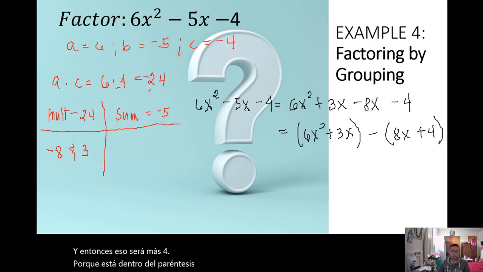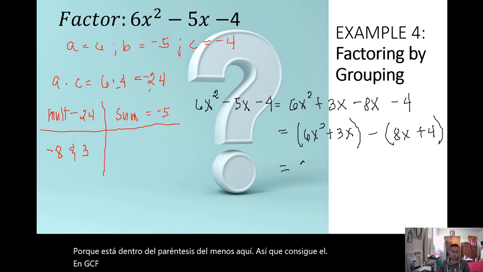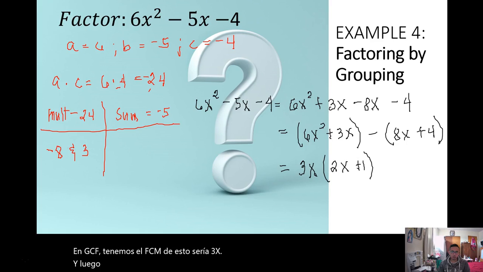So we get the GCF. The GCF of this would be 3x, and then that's 2x plus 1. And then we also have minus 4, and then 2x plus 1.